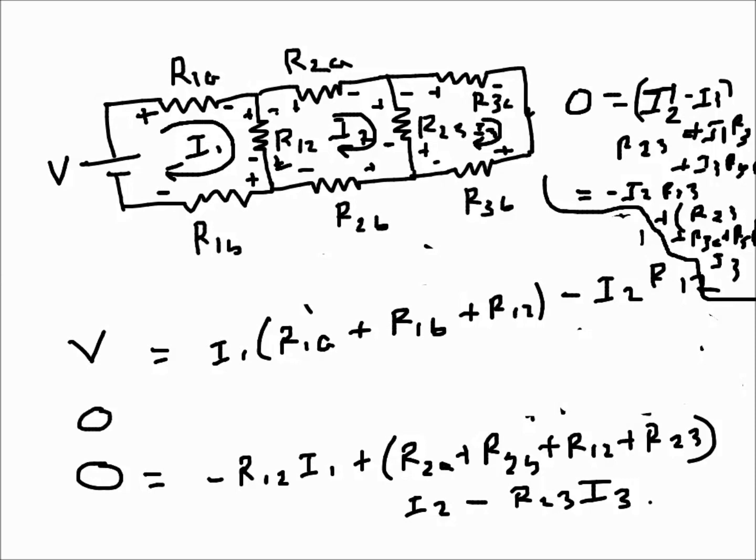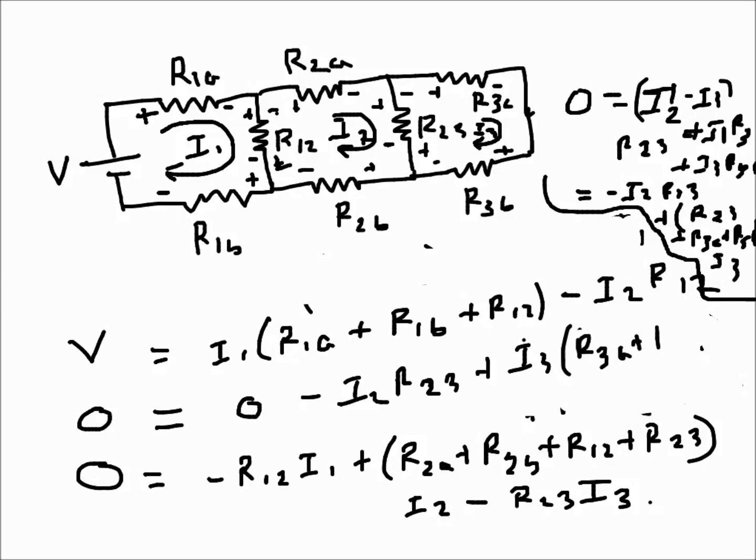I will rewrite it here. So the third one is something like that. It will be 0 on the left hand side, and then minus I2 R23 plus I3 times R3A plus R3B plus R23, like that.